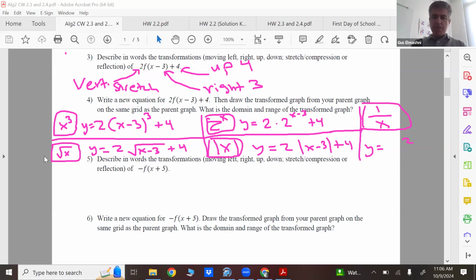Let me switch colors. My apologies. Let's try red. Okay, let's do it down here. Okay, all's good.